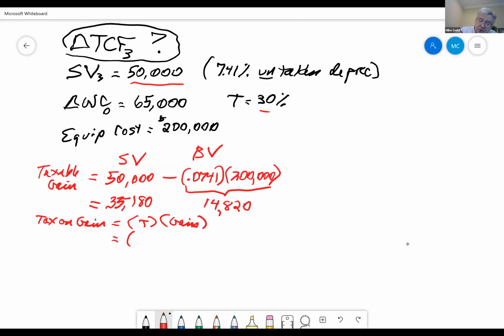So let's see, 30% of this taxable gain would incur taxes of $10,554.